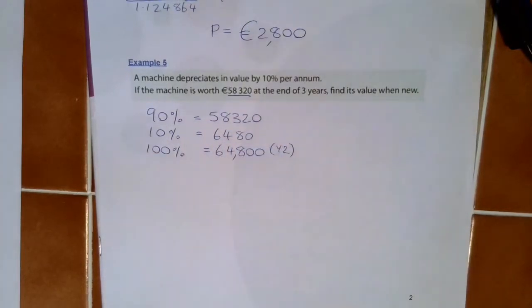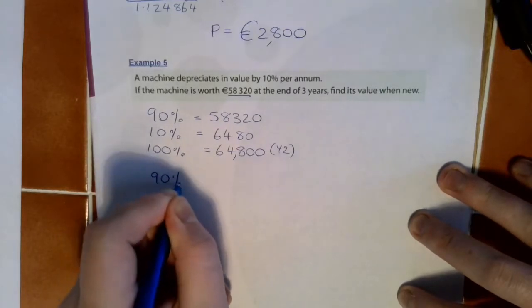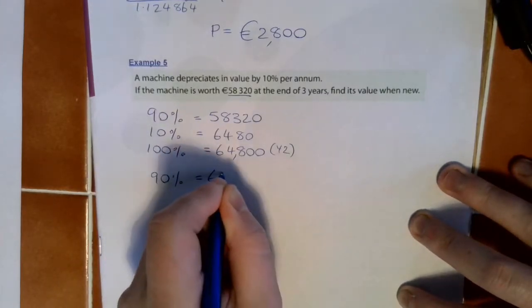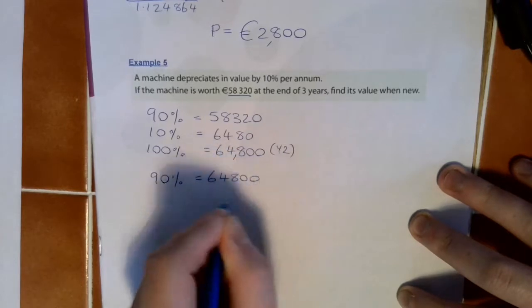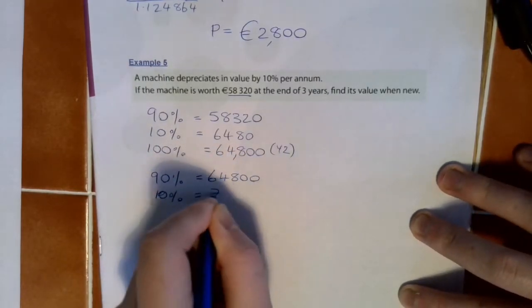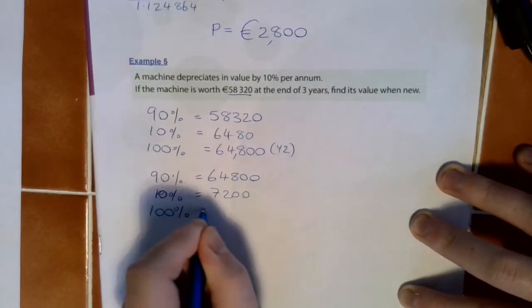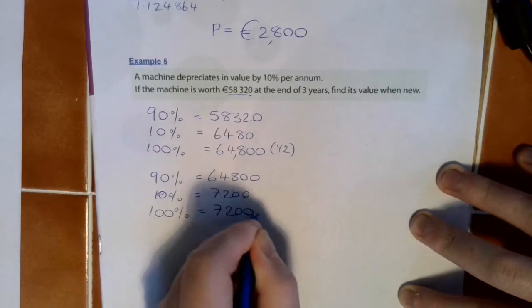Then we're looking for what it is at the end of year 1. We need to do the same thing again. We need to divide this by 9. So 90% is equal to 64,800. 10% is equal to 7,200. And then 100% is equal to 72,000.